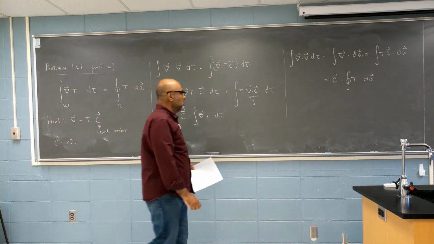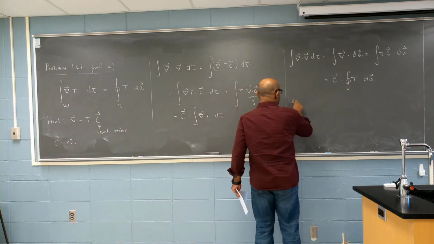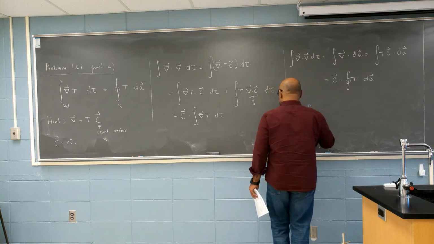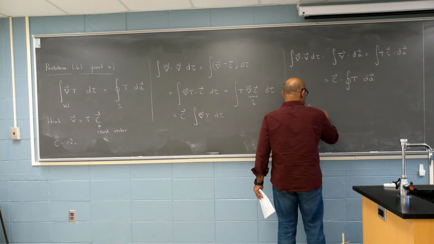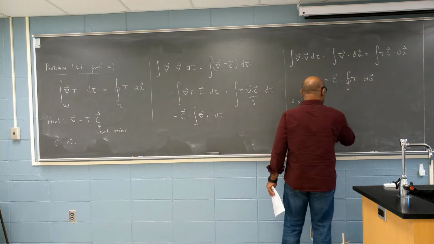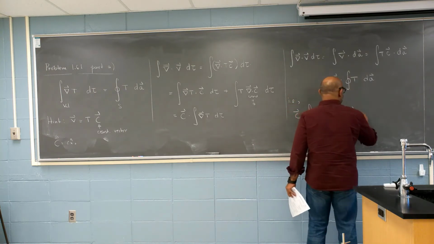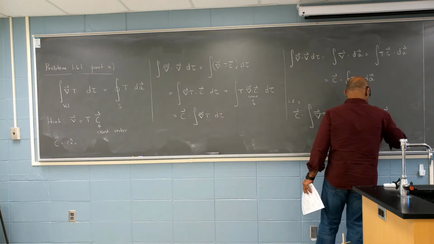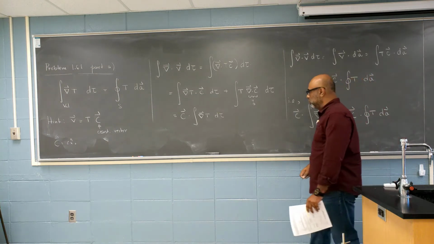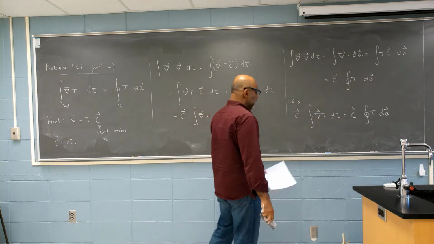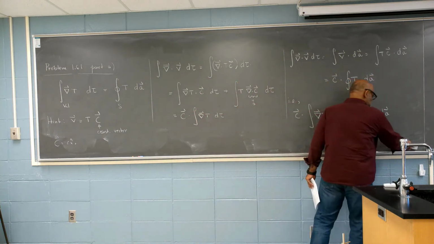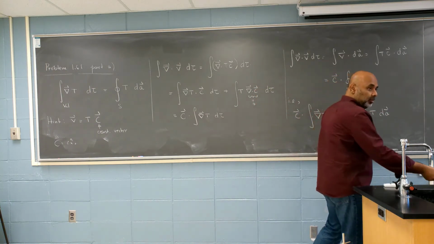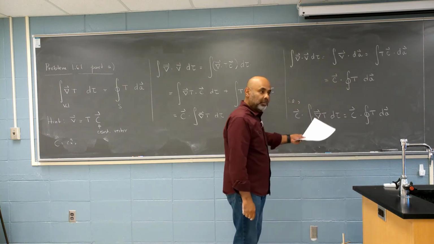So what we have shown is C dot the volume integral equals C dot the surface integral. This is not true for just one C. It is true for any constant vector C. In particular, you can pick the x component.